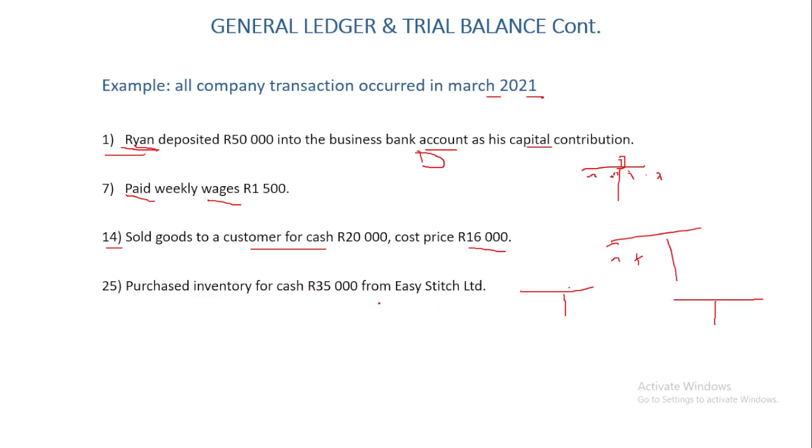Since it says bought for cash, we're gonna go to our bank account, on the credit side, which the bank decreased by, and say that on this date, since the month and year have been written, we spent it. We're gonna write inventory and 35,000 to say that we spent 35,000 on inventory.